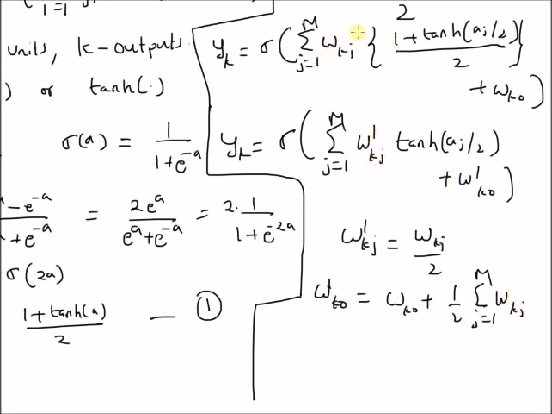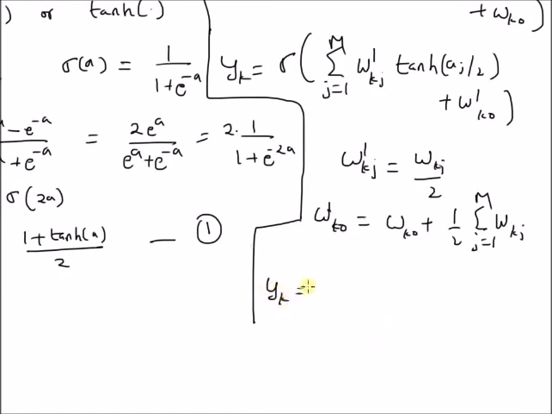That is, wkj times 1 by 2, summed over j equal to 1 to M. So this is the new function when we use tanh as the activation function for the hidden units. And note that this is equivalent to the following function when we use the sigmoid activation function for the hidden units: sigma of aj plus wk0. These two functions are equivalent, and the only thing that differs are basically the weights, which are linear combinations of the original weights. Thanks for watching.